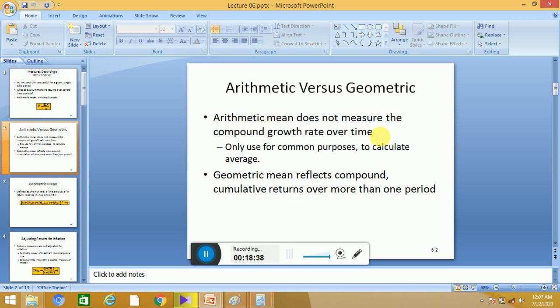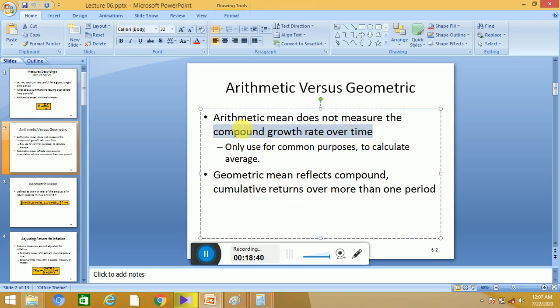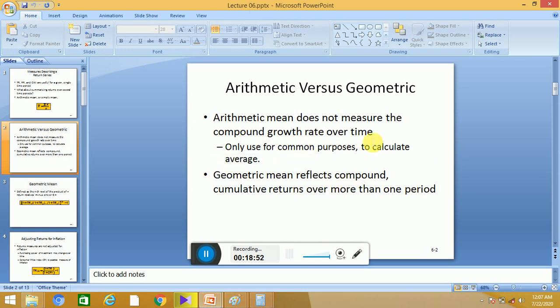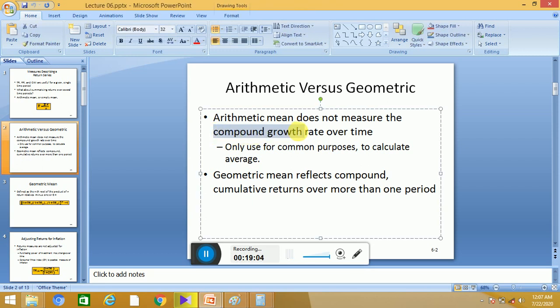It is not measuring the compound growth rate over time. It is only used for common purposes to calculate average, the average for different periods of time.